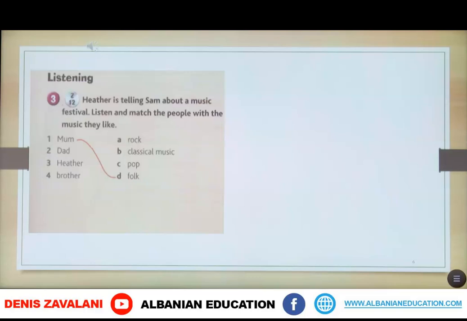You like pop music. It wasn't a pop festival, and there weren't any pop bands. But that's okay. I had fun with Dad. He watched all the rock bands. Some bands were from the 70s. They were really old. Did you see the Rolling Stones? Yes. Actually, they were quite good. Did your brother go to the festival? Of course he didn't. You know he only listens to classical music.